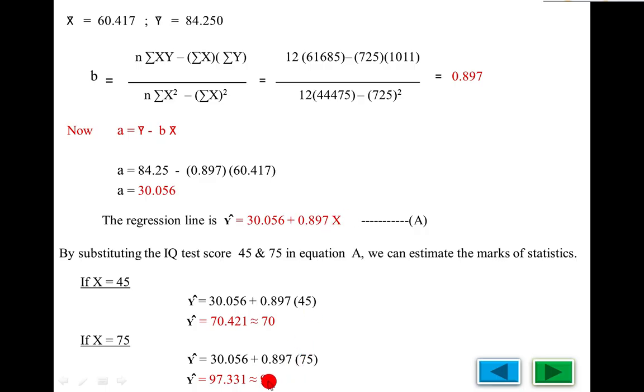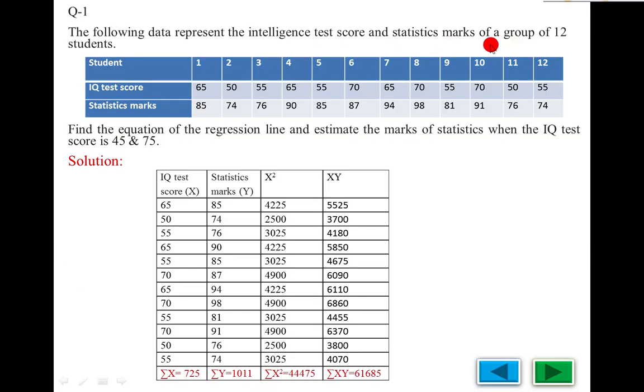So this value will be more than the highest value and this value will be less than or equal to the lowest value. You can observe 45, the minimum is 50, the value is 76 here. So less than 50, 45, you will obtain a value less than the given value of the y.